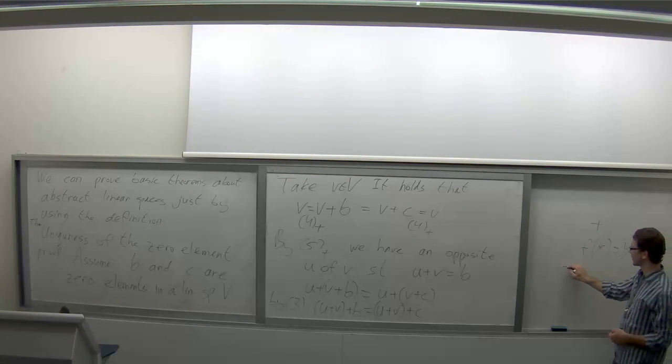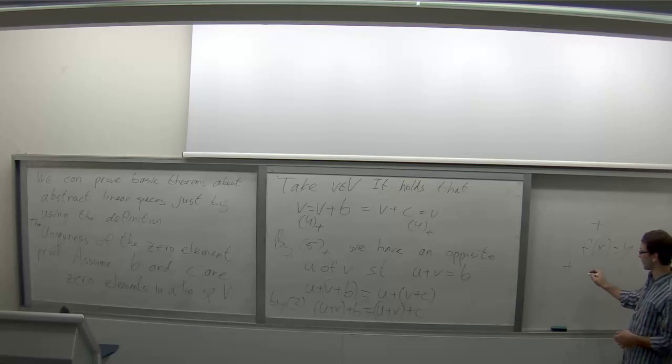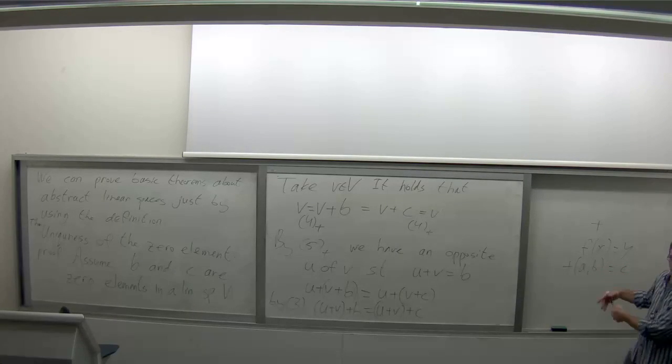So now think that your function is plus. It's a binary function. Plus of a and b is some other thing c. What does it mean that the function is well defined? That if you give it a and b, you always get c. It's not that today you give it a and b and get c1, and tomorrow you get c2.